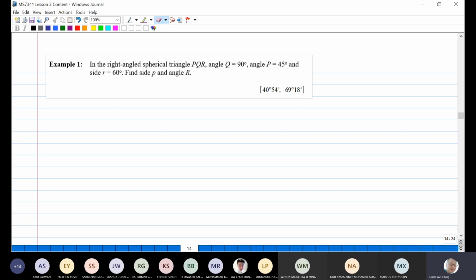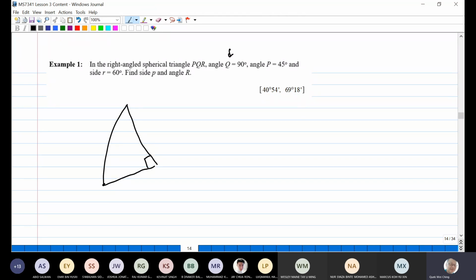So it's a right angle spherical triangle, PQR, where angle Q is 90 degrees. There are many ways to draw it.